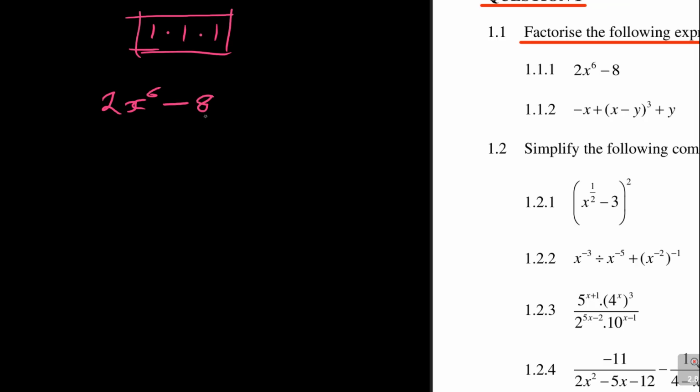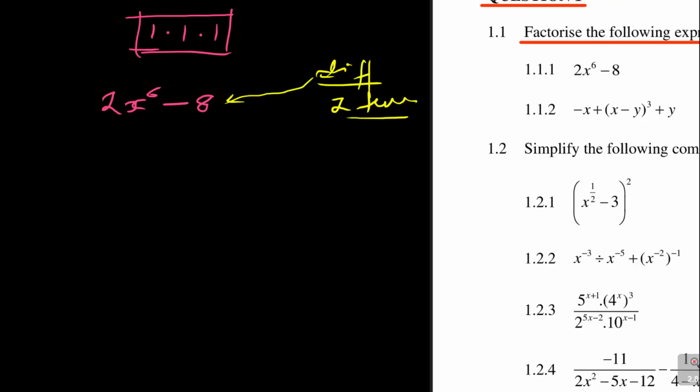You want me to factorize this, and there are just 2 terms. Mainly when you are talking about 2 terms, what comes into my mind is the difference of 2 terms, and the negative sign means the difference.